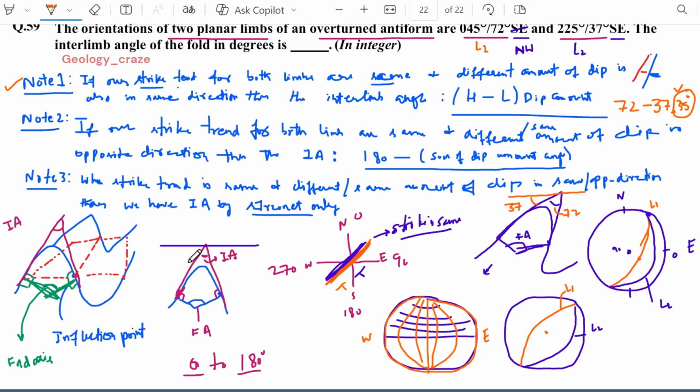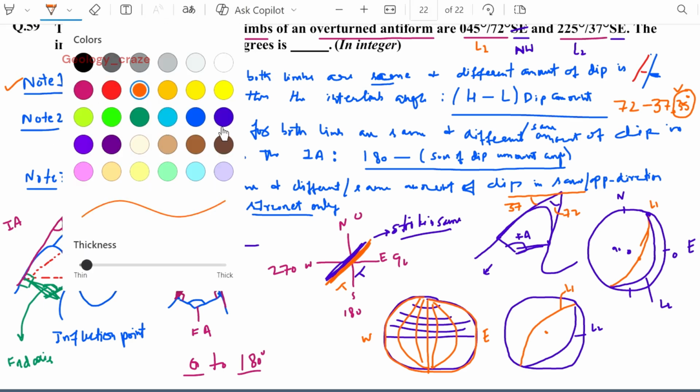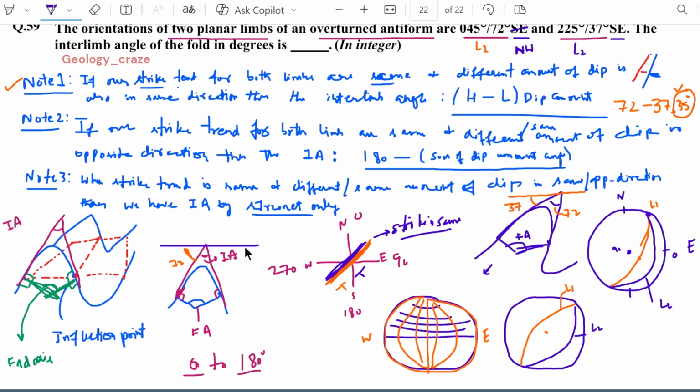Suppose this is our limb 1 angle, that is 72, and this angle is suppose 37 degrees. Both are in opposite directions.